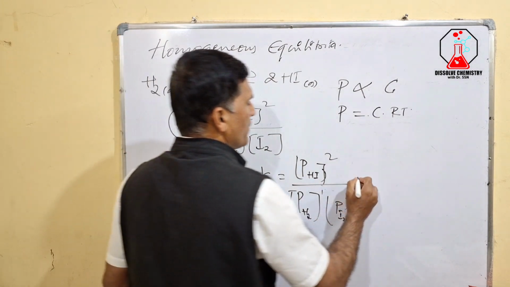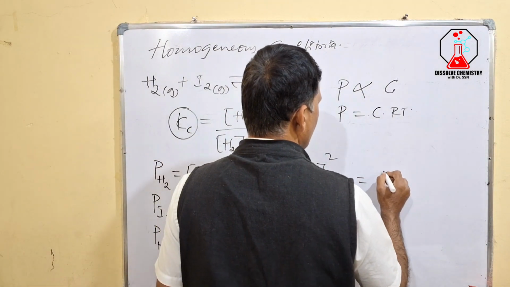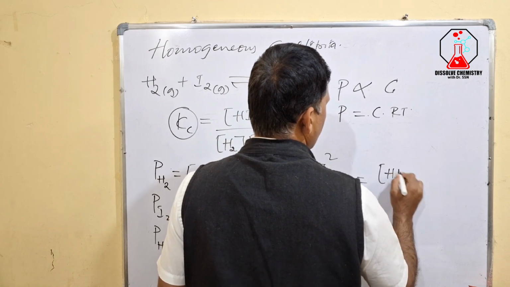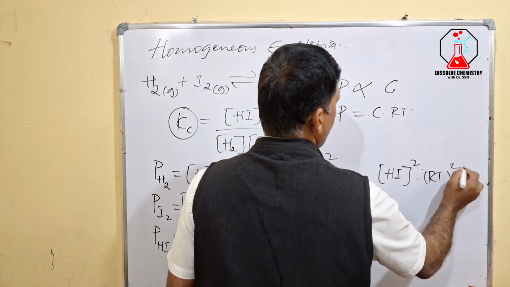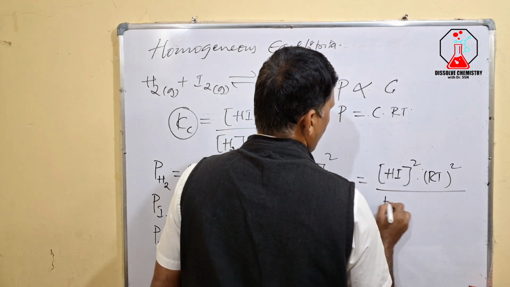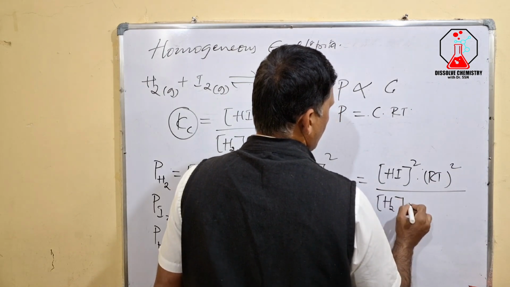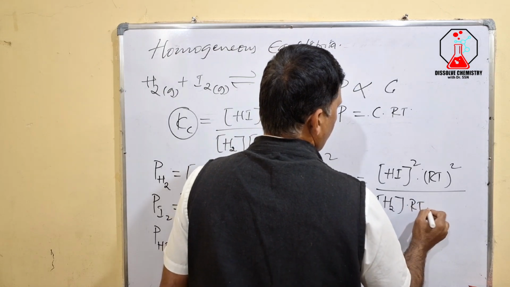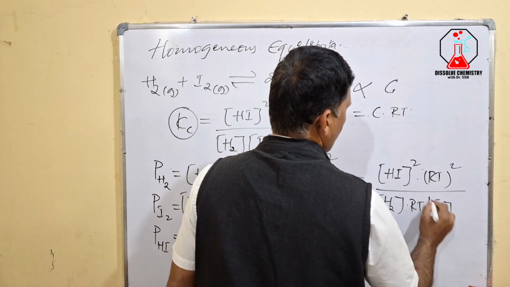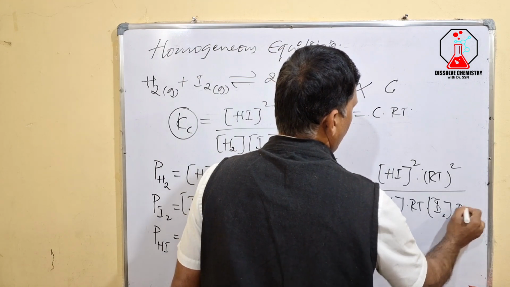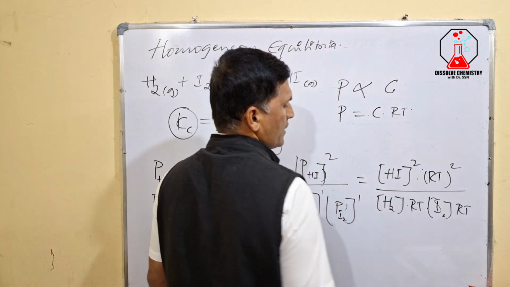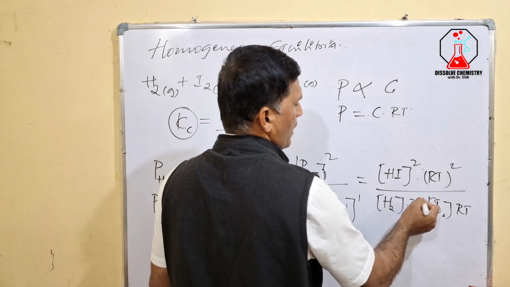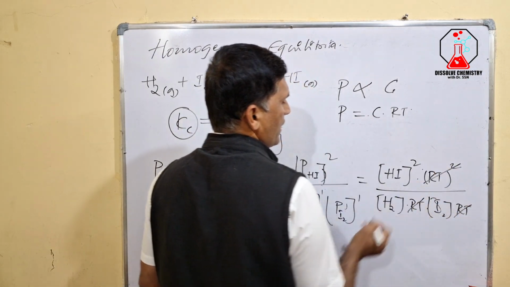So then you will get molar concentration of HI raised to the power 2 into RT raised to the power 2, divided by molar concentration of H2 into RT, into molar concentration of I2 into RT. So RT into RT becomes RT square, and therefore RT square cancels.